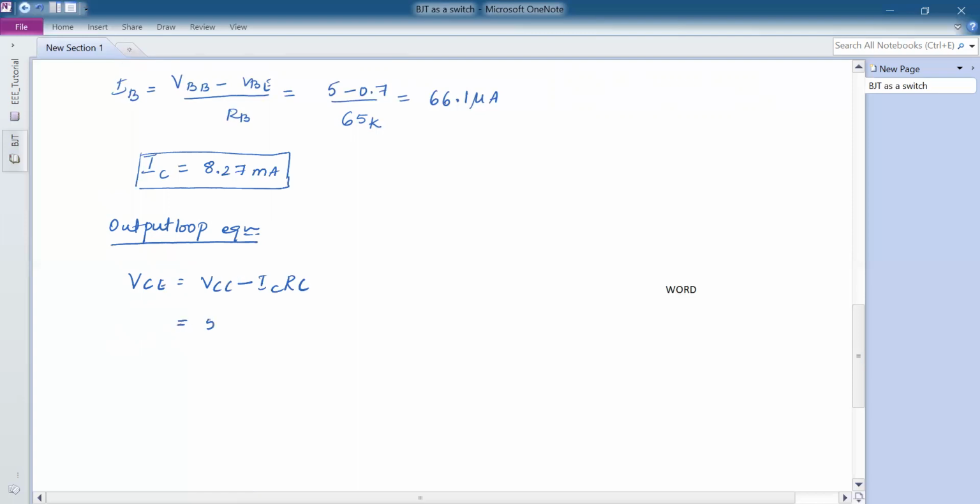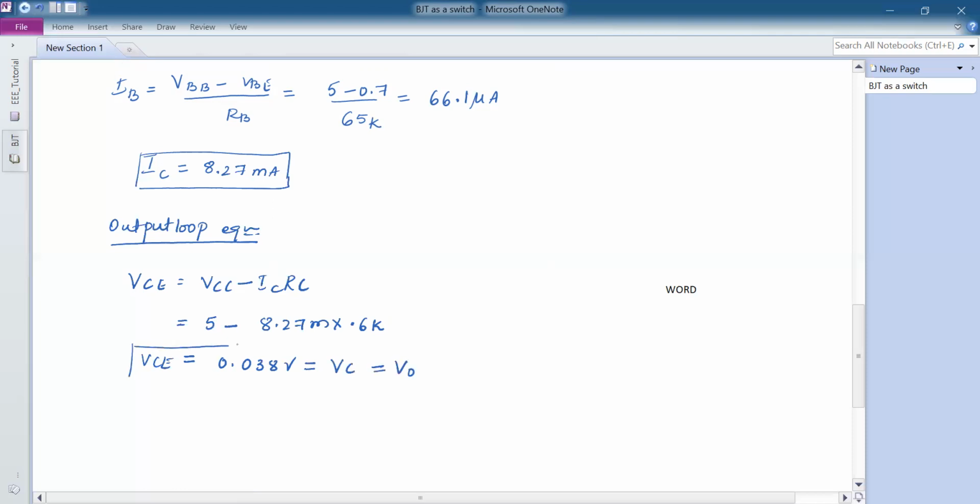Now you have 5 minus IC, 8.27 milliamps, multiplied by 0.6K. So what is this value? Nearly you are getting VC equal to 0.038 volts, which is equal to the VC voltage, which is also equal to V0 voltage.